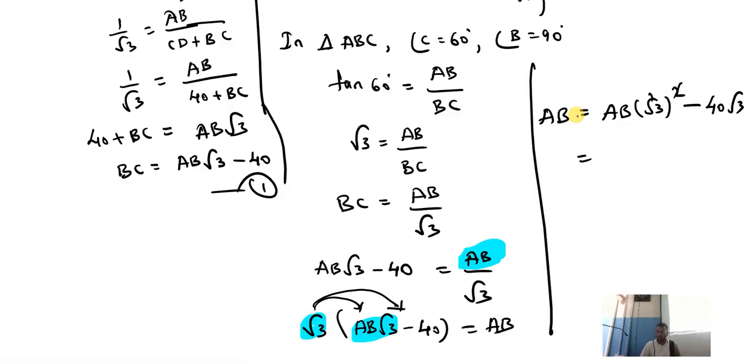The square root cancels, so 3AB minus 40 root 3.